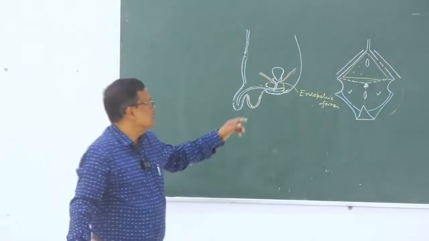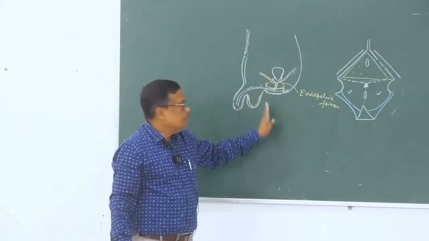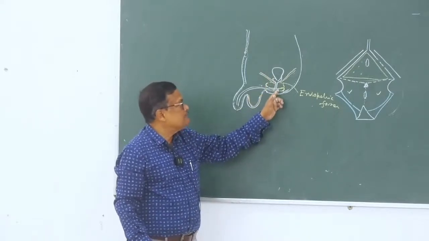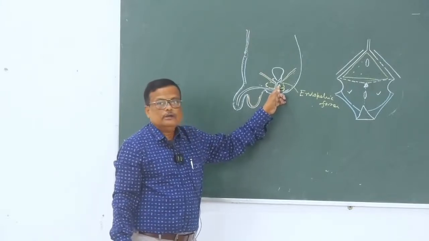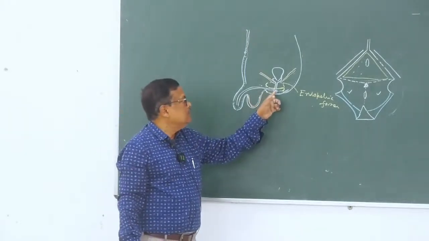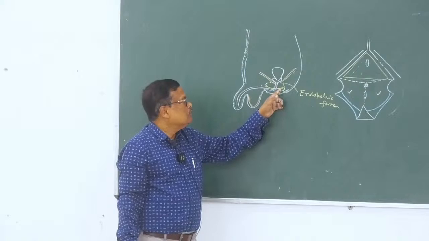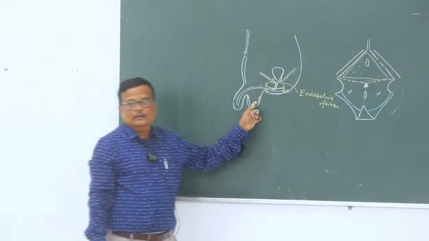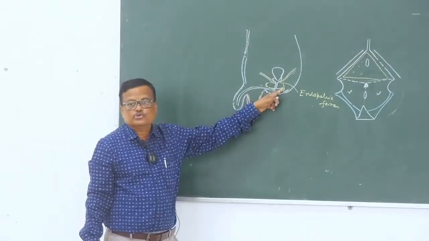And above this, the deep perineal pouch, because when the surgeon operates and dissects, it comes first, so we call it superficial, and it comes later, we call deep. By seeing this picture, you know the superficial perineal pouch is open anteriorly, and posteriorly it is closed.